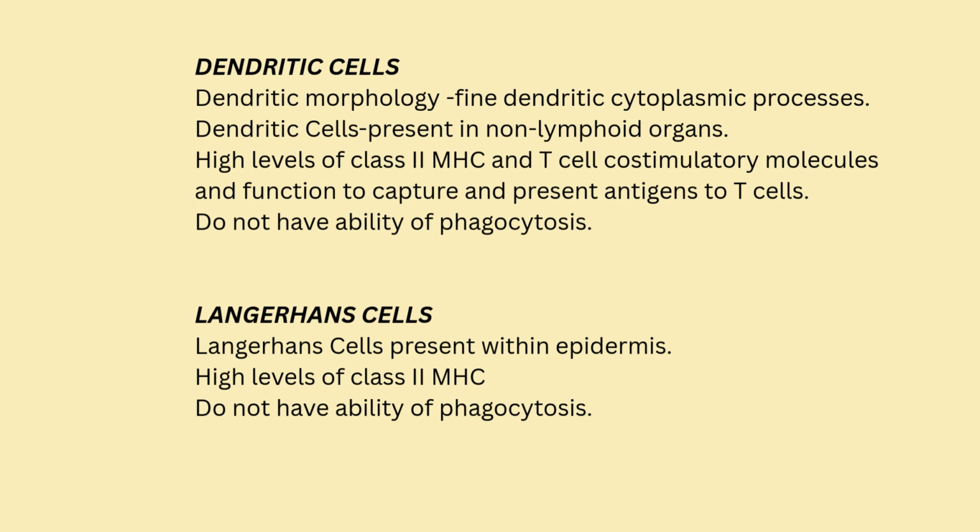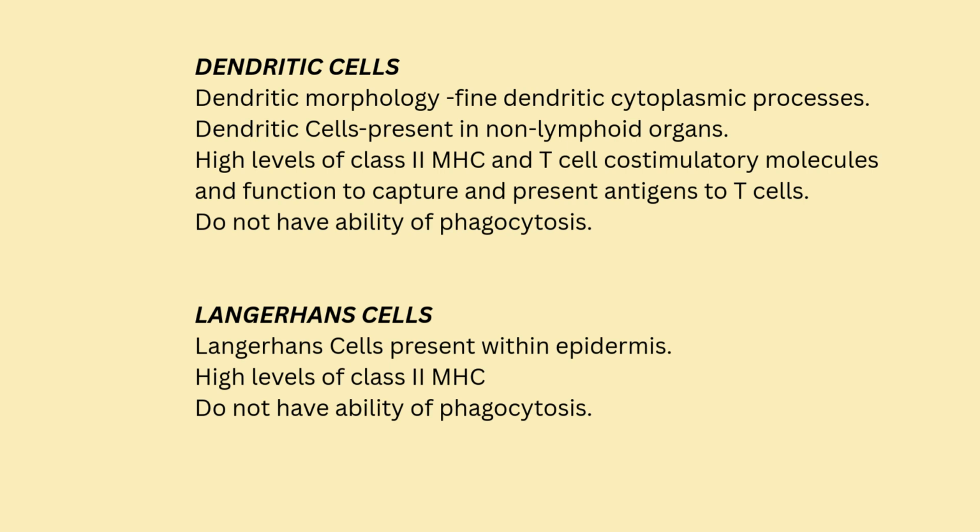Let's talk about dendritic cells and Langerhans cells. Dendritic cells have fine dendritic cytoplasmic processes and are present in non-lymphoid organs. They have a high level of class 2 MHC and T cell co-stimulatory molecules, and function to capture and present antigens to T cells.